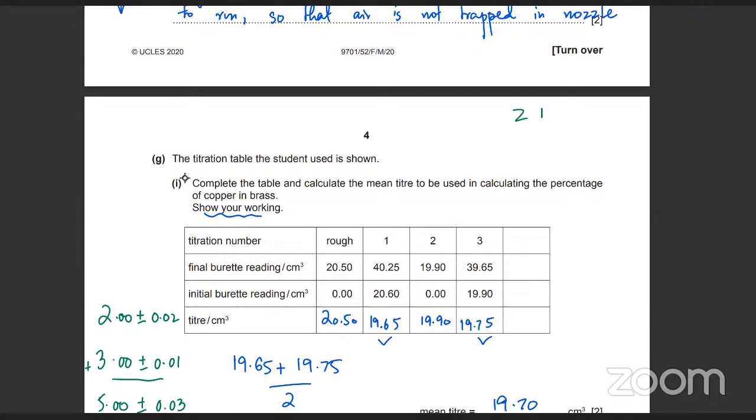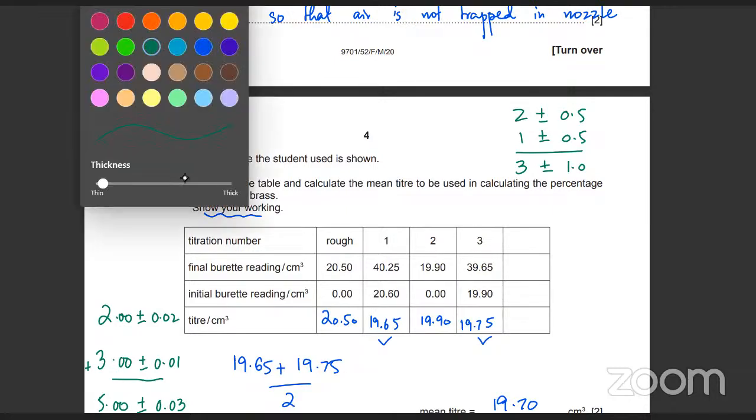Let's say I have a value which has an error of 0.5, and another value which has an error of 0.5 as well. If I add these two values up, my value is going to be 3, since 2 plus 1 is 3, and my error will actually be plus minus 1.